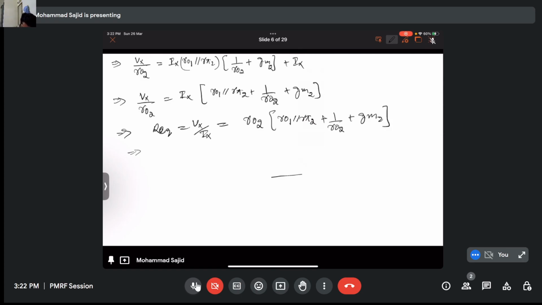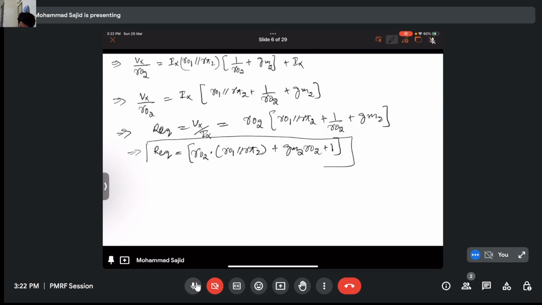That is, R equivalent will be RO2 times (RO1 parallel R pi 2) times (1 by RO2 plus Gm2) plus RO2, that is RO1 parallel R pi 2 plus Gm2 RO2 plus 1. So this is your equivalent resistance.